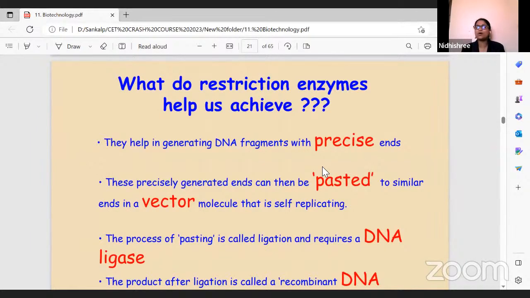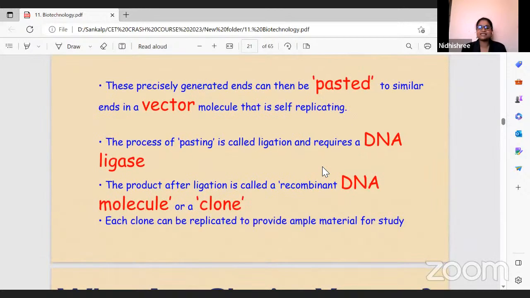These precisely generated ends can be pasted to the vector which we want. The process of pasting is called ligation. It requires an enzyme called DNA ligase. The product after ligation is called a recombinant DNA molecule, or it is also called a clone.